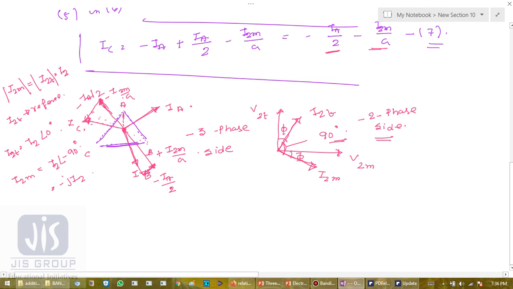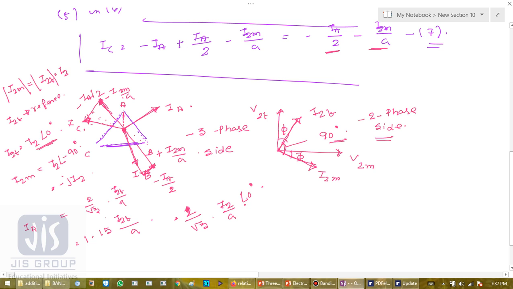Now we have seen that IA equals to, we have just deduced a few minutes back, IA equals to 2 by root 3 I2T by A. That means 1.15 I2T by A. So you can write down 2 by root 3 I2 angle 0 degree, because I2T equals to I2 angle 0 degree.